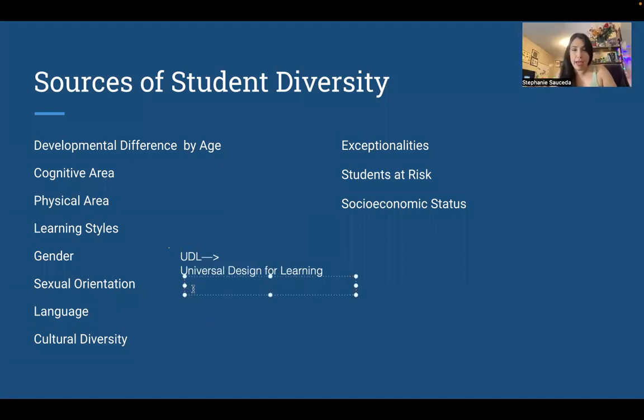Universal means everybody. Everybody learns. The universal design for learning. Everybody learns. And the UDL was actually designed for and by, it's for engineering.